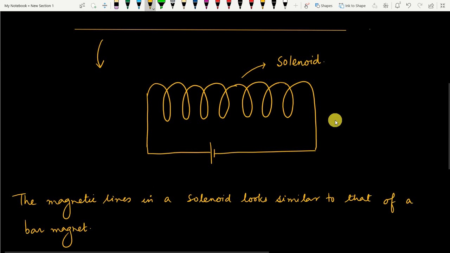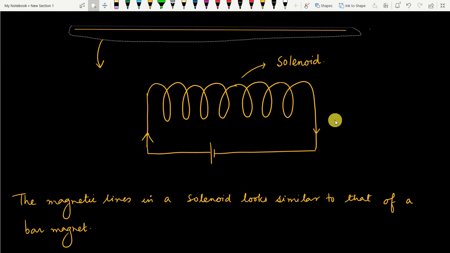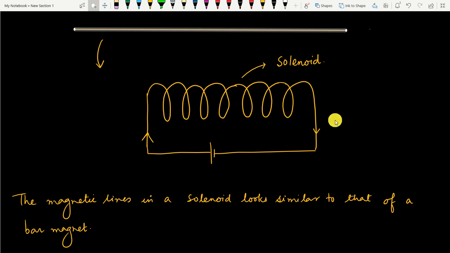Now if you look at this solenoid, current is moving through the solenoid. This is the direction of current. How to draw the magnetic lines? Let us see. First let me erase these things, then we will draw the magnetic lines here.